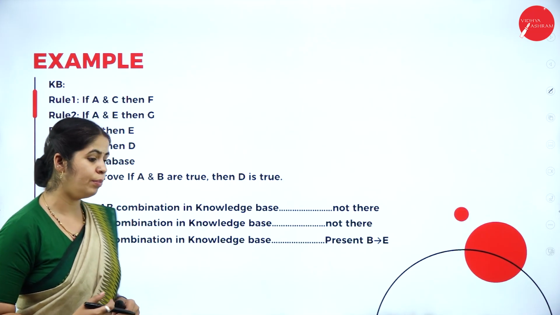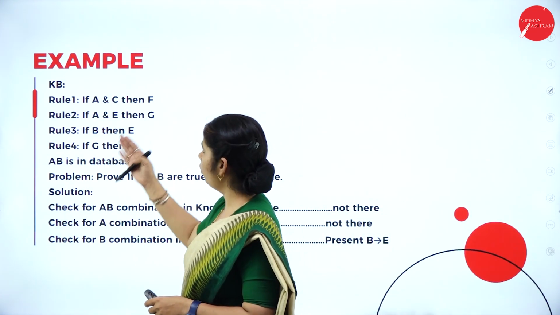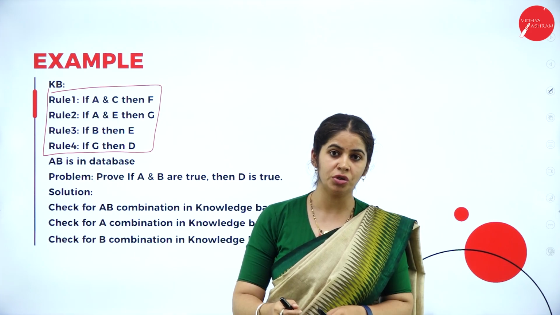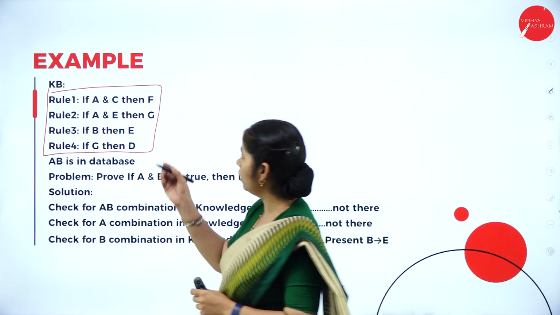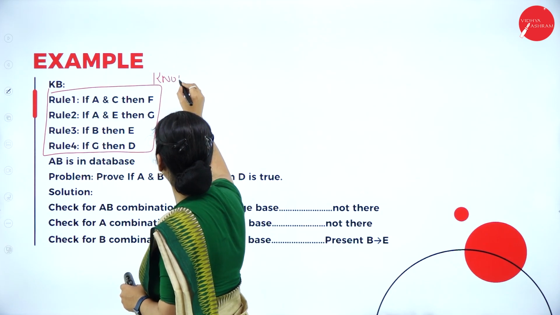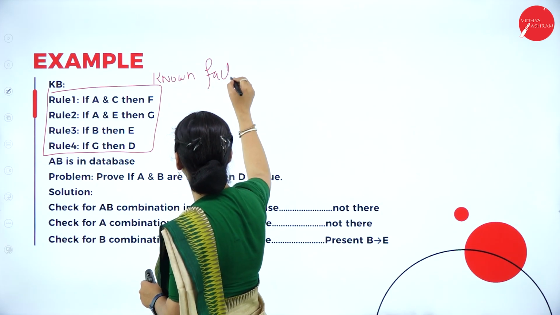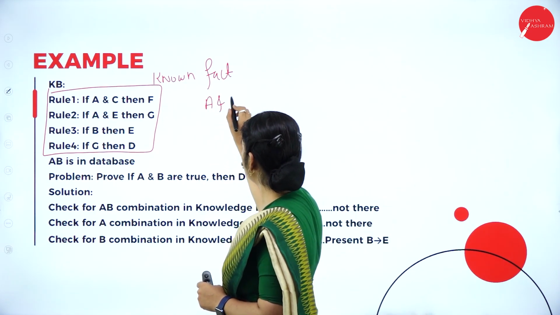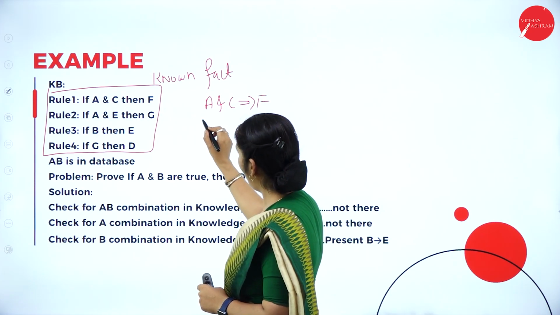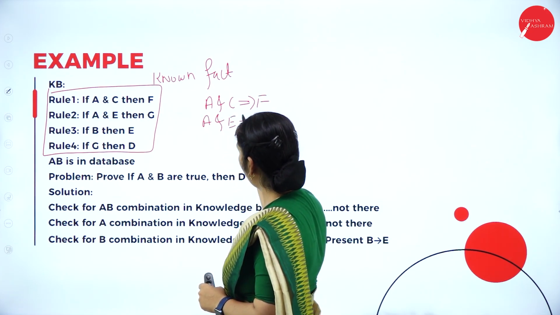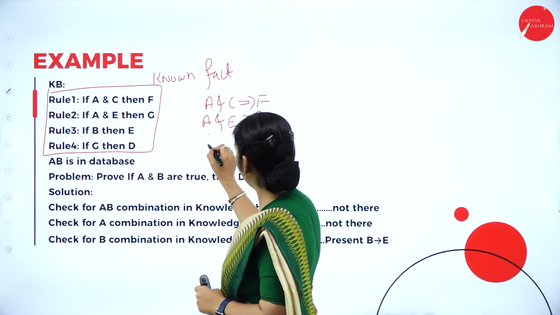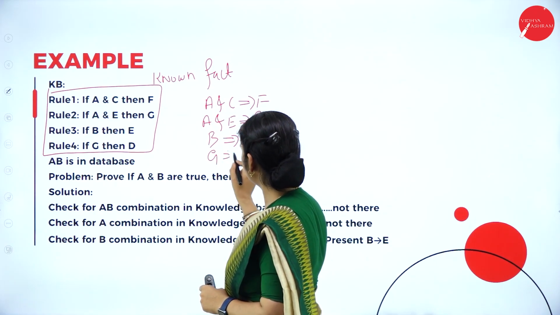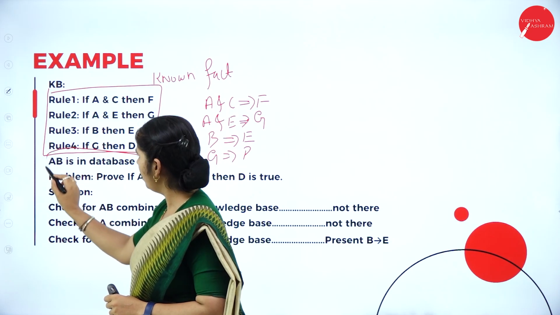So let us see an example for the forward chaining technique. Here we have a set of rules that is provided, that is the knowledge, what is known as the known fact. A and C implies F, A and E implies G, B implies E, and G implies D. And what is the database we have?